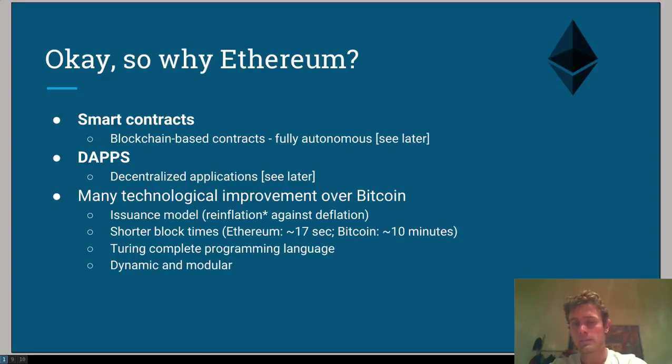By dynamic, I especially think about the team that is developing Ethereum, but also the modularity of the platform. For example, it doesn't rely on any specific cryptographic algorithm for security.